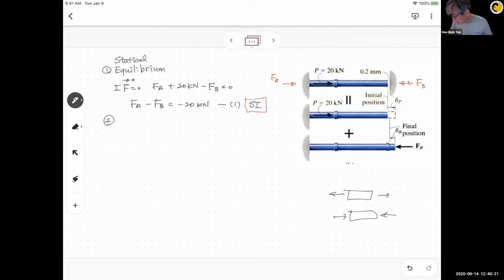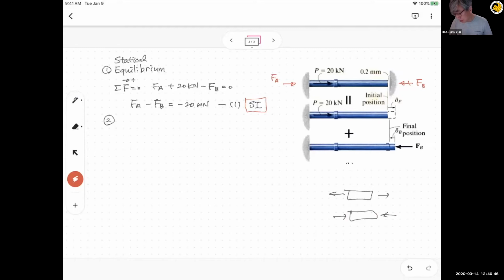So in statics, this is positive and this is negative. But if you think about deformation, this entire thing is negative. So when you think about deformation, whether it is compression or tension determines which sign you have to use.